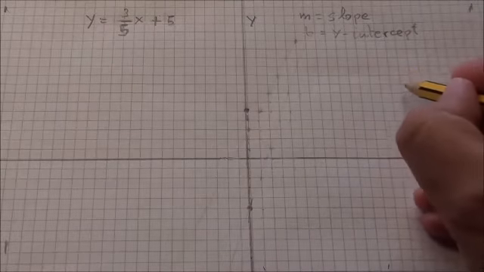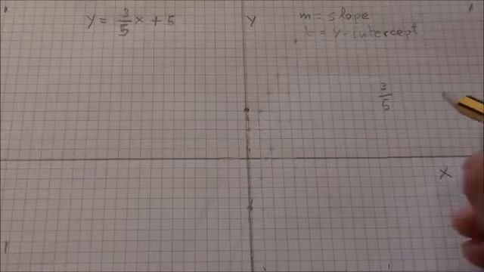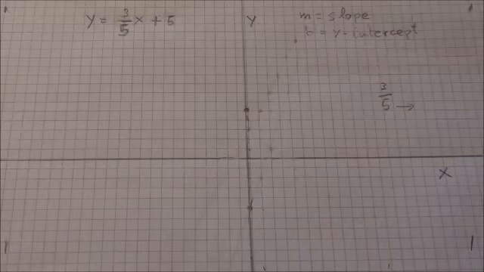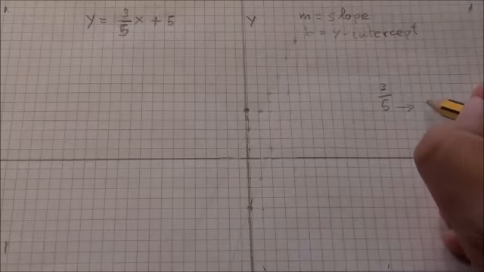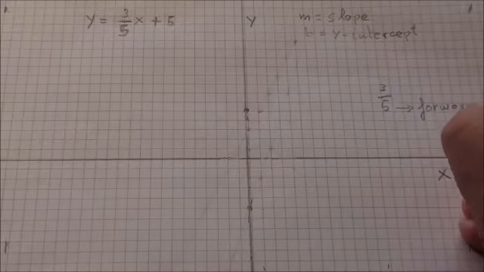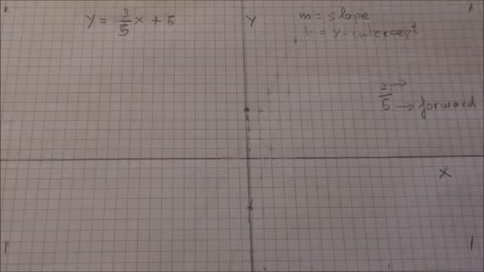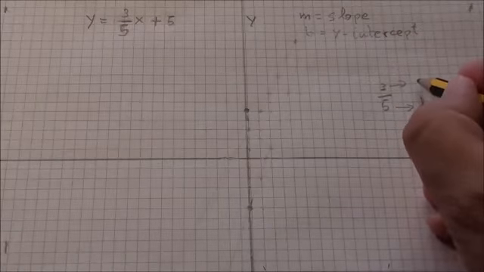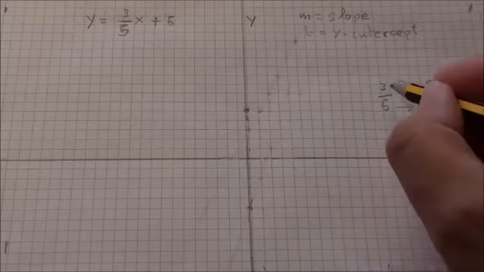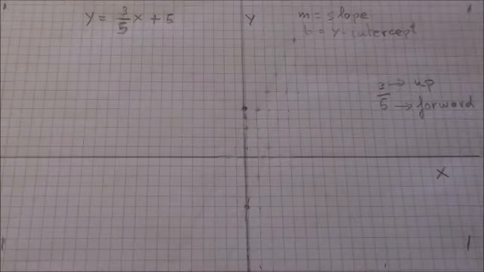And now let's see the slope. When the slope is a fraction, 3/5 is telling us two things. The bottom number, 5, is telling us how many units we go forward. And the top number, the numerator, is telling us how many units we go up. Up if it is positive, down if it is negative. In this case it's positive, so we go up.